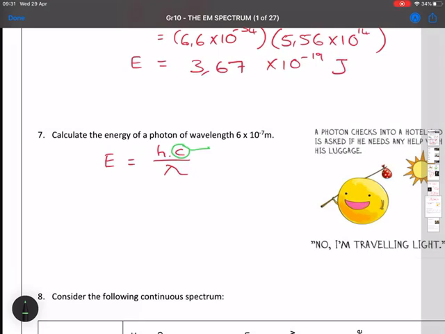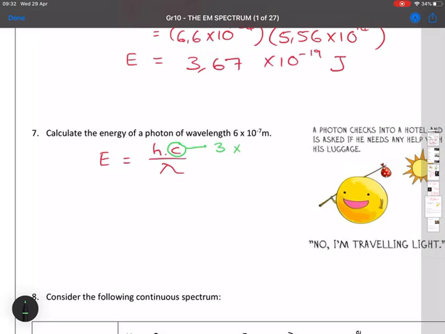Like I said, light will travel more slowly in a dense medium such as water or glass or perspex. It would be a bit slower. And the difference between the speed of light in air and in a vacuum is very slight, but there is a small difference. Of course, light will travel a little bit faster in a vacuum. But that speed of light is not just for light, it's actually for all electromagnetic radiation. So throughout the EM spectrum, all of these electromagnetic waves, not just light, will travel at that speed.